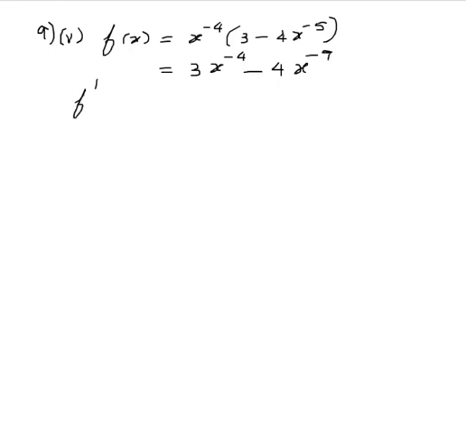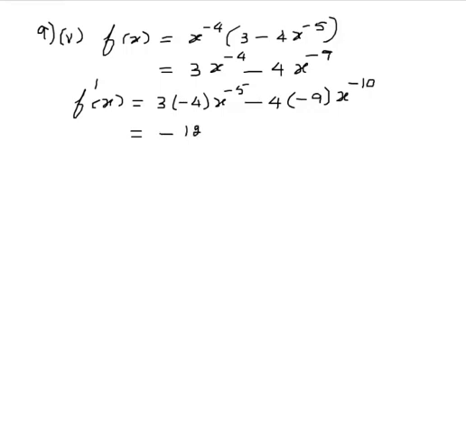Now let us differentiate. f dash of x is equal to 3 is a constant. If you have constant into a function, we keep the constant and we differentiate only the function. So minus 4x raised to minus 4 minus 1 becomes minus 5. Minus 4 times minus 9x raised to minus 9 minus 1 is minus 10.